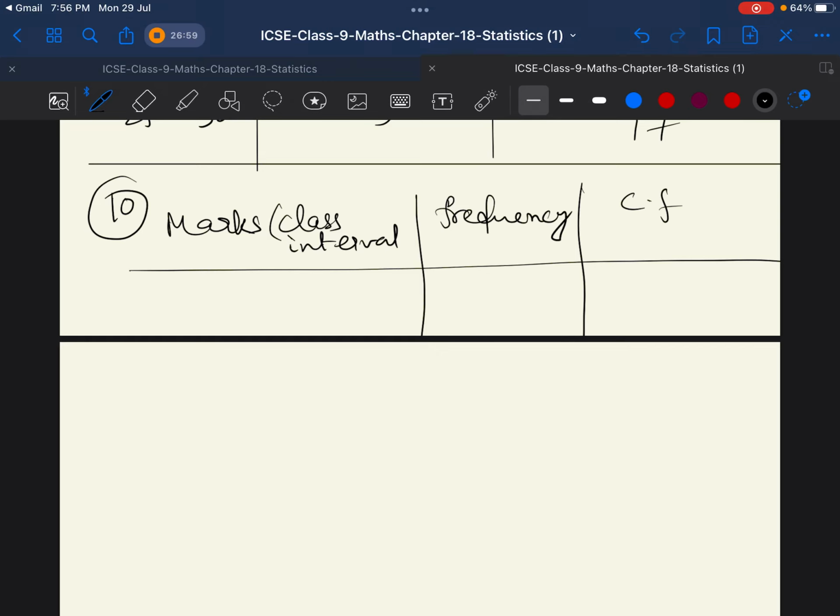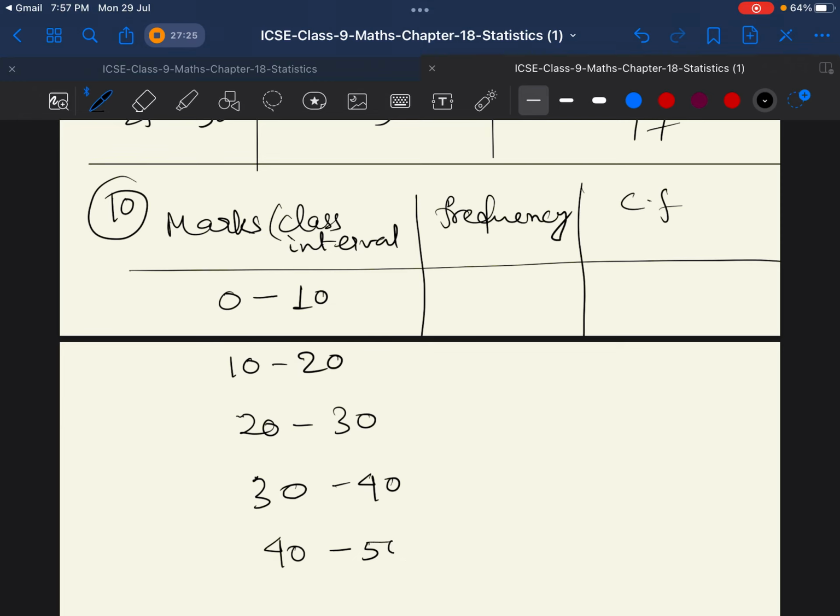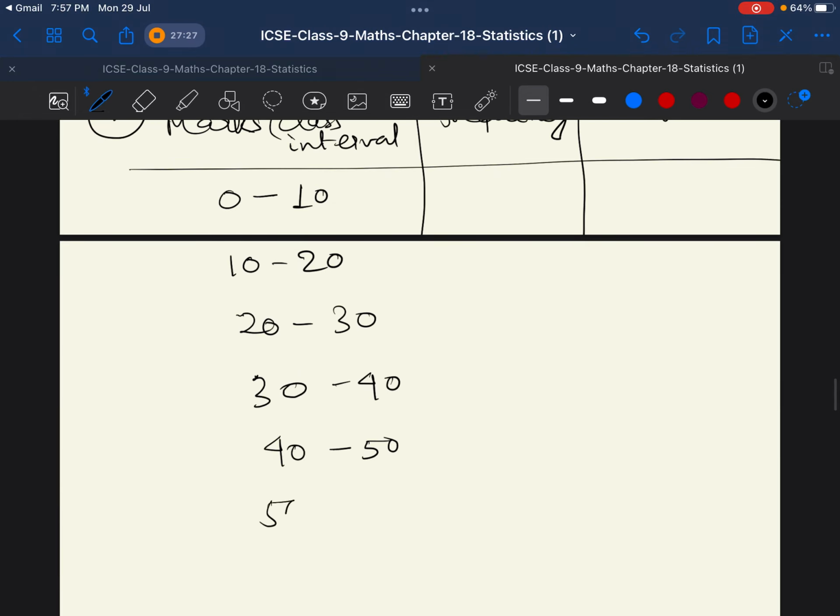So here you see less than 10, that means 0 to 10. The class interval will be 0 to 10. Then less than 20, that means 10 to 20. Okay, so this is 20 to 30. Less than 40, 30 to 40, and 40 to 50, and less than 60 means 50 to 60.